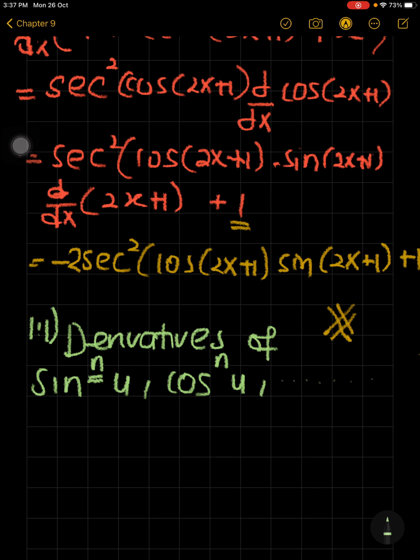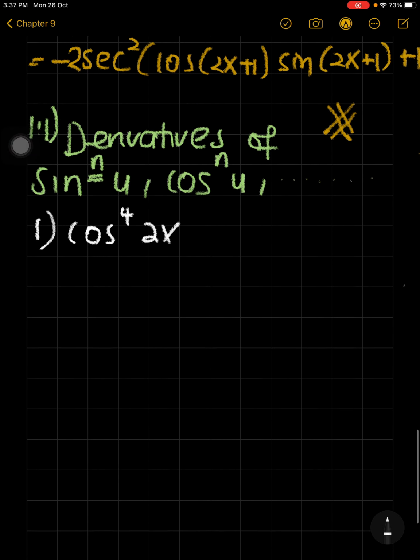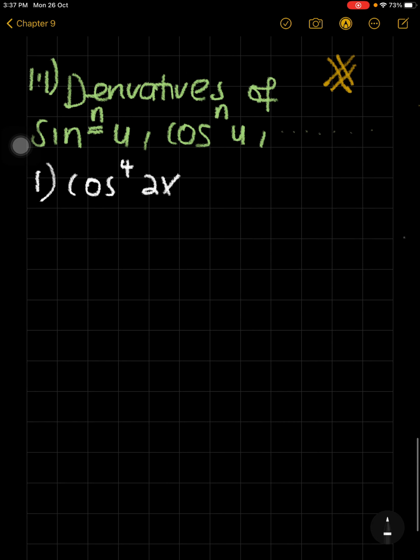Okay, so kita pergi pada satu soalan, dua lah. Soalan yang pertama, you have to differentiate, soalan cos for 2x. So d dx cos kuasa 4 2x.